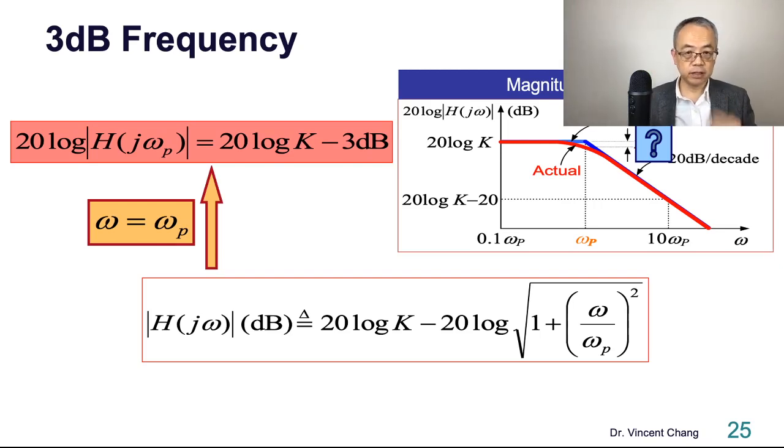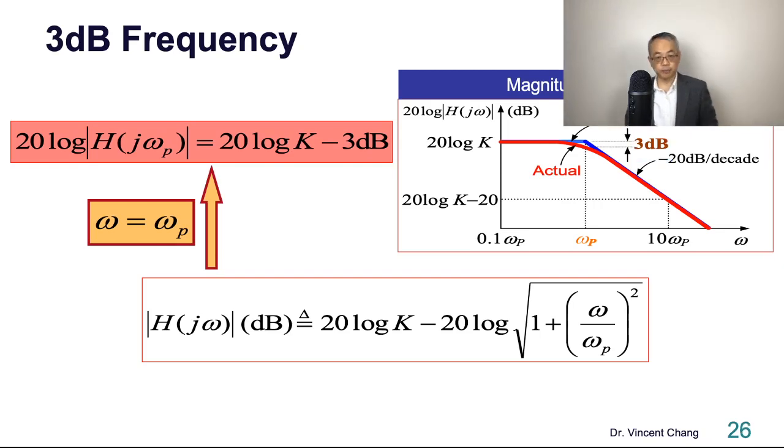All right? So it's the 3 decibel frequency. For this reason, with the actual curve downgraded by 3 decibel, omega p can also be called the 3 decibel frequency. So some people say the pole frequency, and others say the 3 decibel frequency.